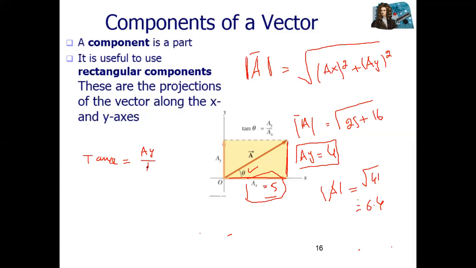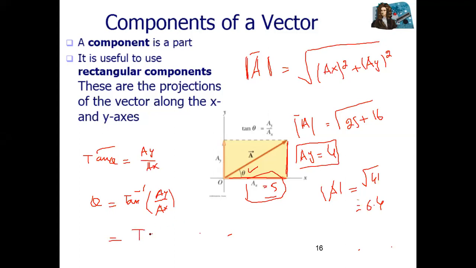So when you move tangent to the other side, we have only theta here. So this is the inverse of tangent. Theta equals tangent inverse of AY over AX.